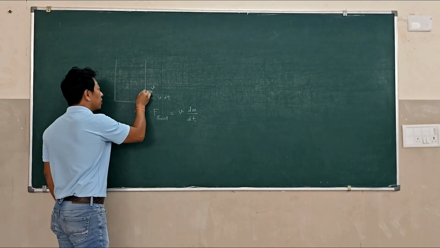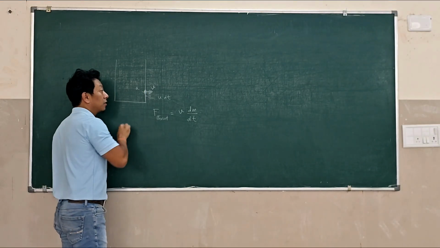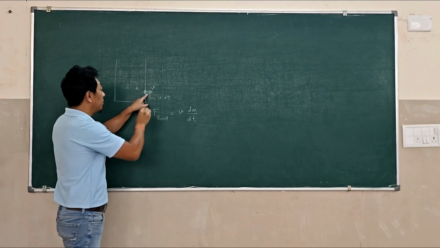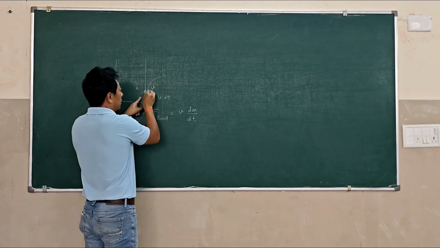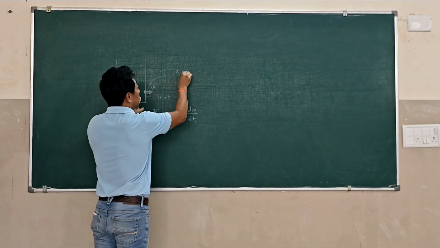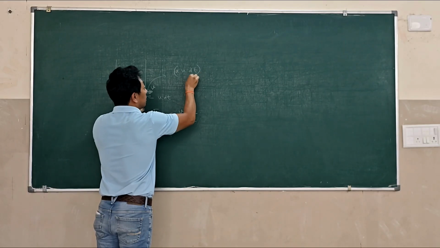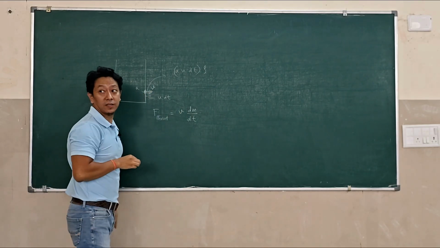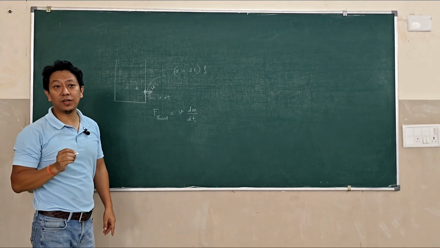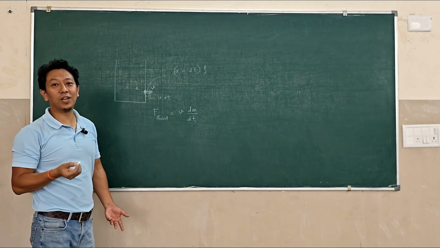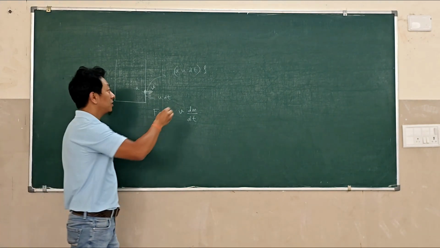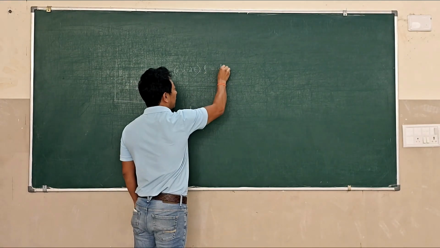If this area of cross section is A, what is the volume of this cylindrical part of the fluid? A into v dt, this is volume, multiply with density. What is volume into density? So this is the mass of the element that comes out.